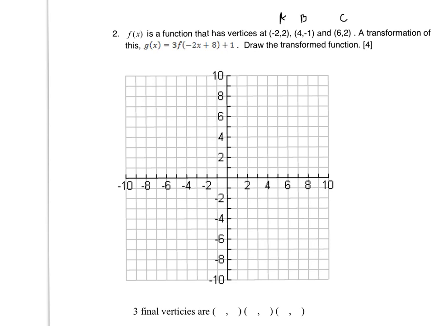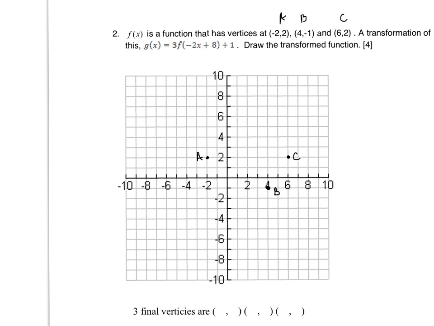We are supposed to draw the transformed function. Before we do that, let's just plot these points. A is going to be negative 2 and 2, so this is A. For B is going to be 4 and negative 1, which is going to be here, so this is B. And C is going to be 6 and 2, which is going to be here. So this is our function.